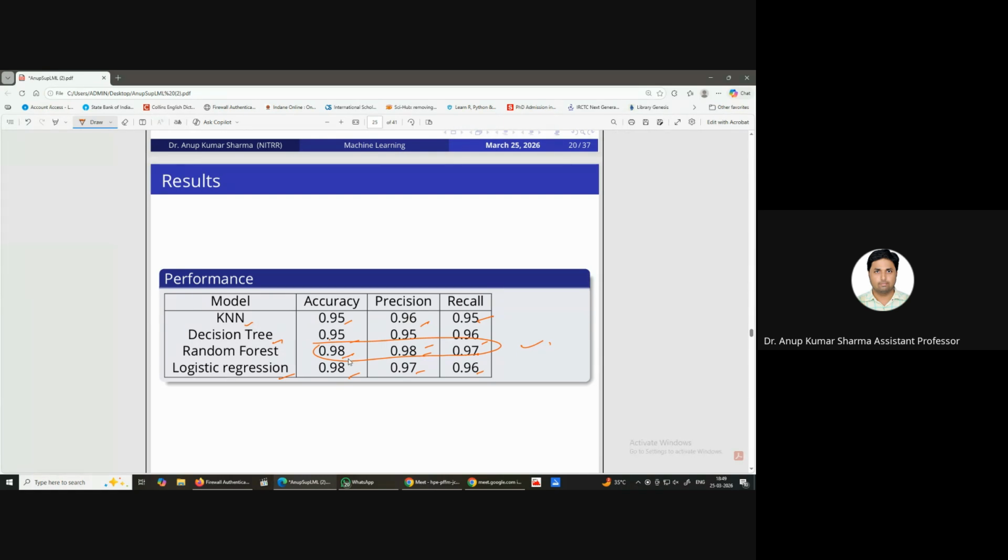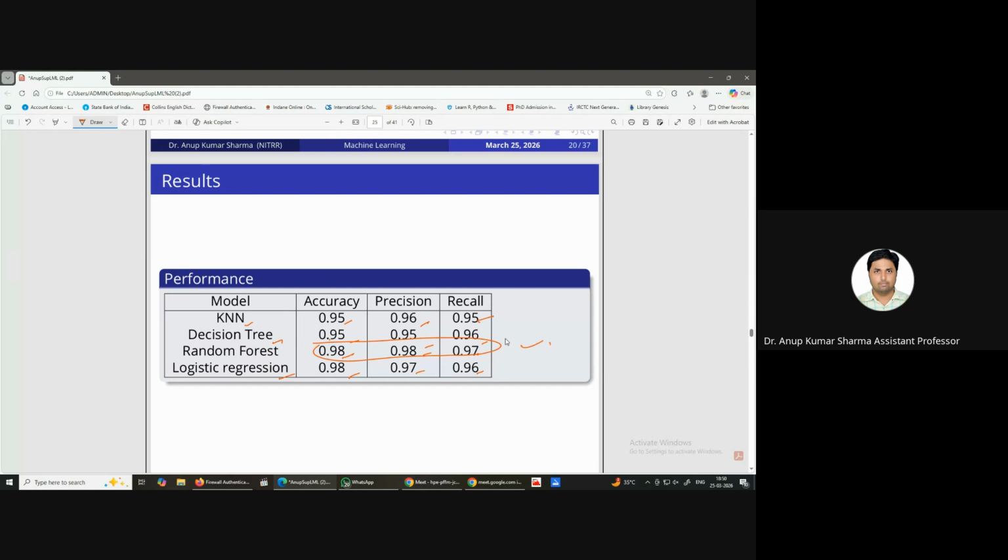That means out of 100 transactions, the model will correctly categorize 98 as whether the transaction should happen or not happen. Precision also means the catching power of the given transactions.